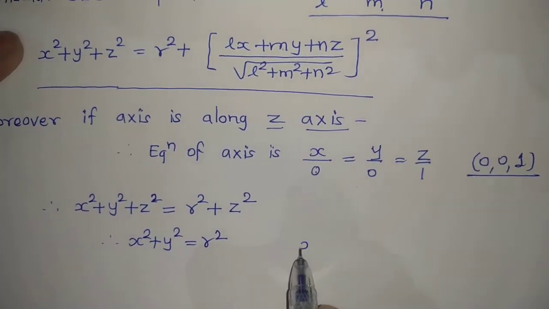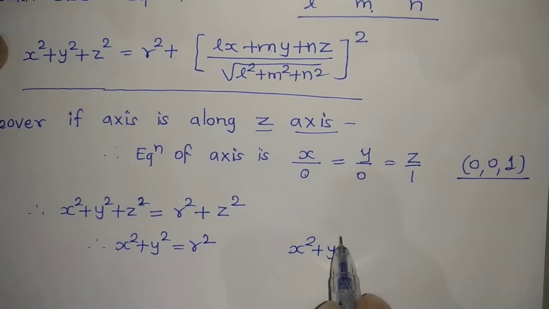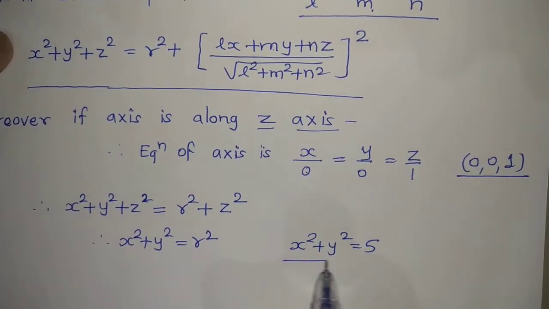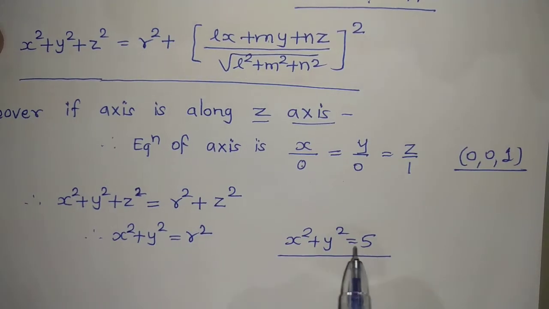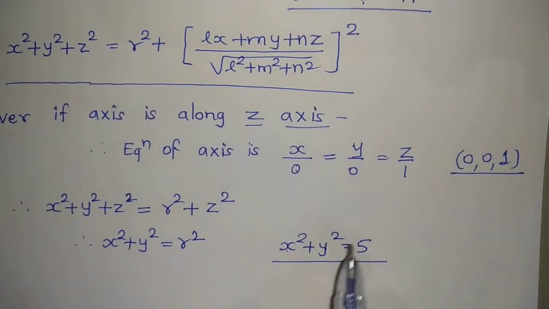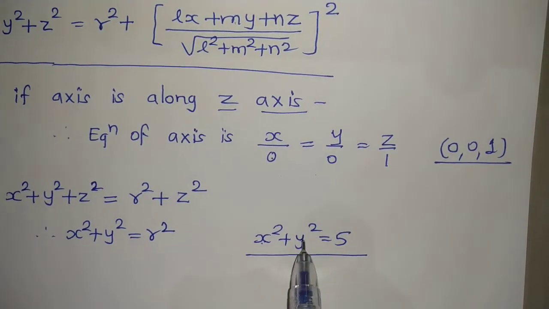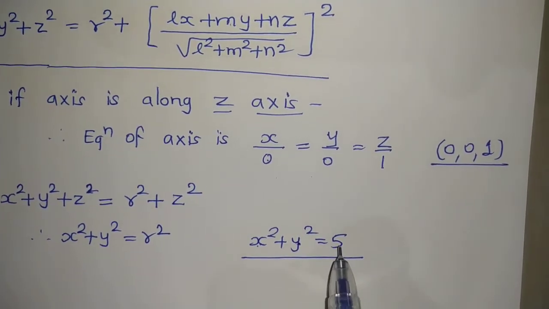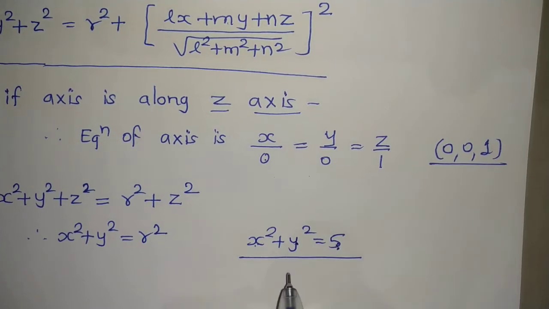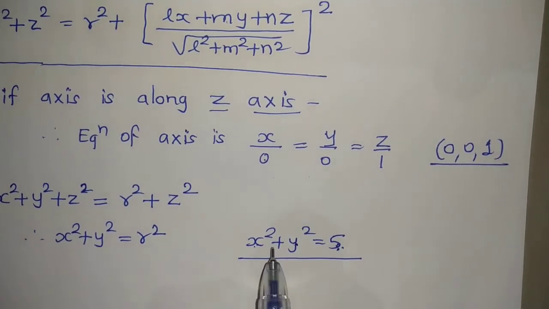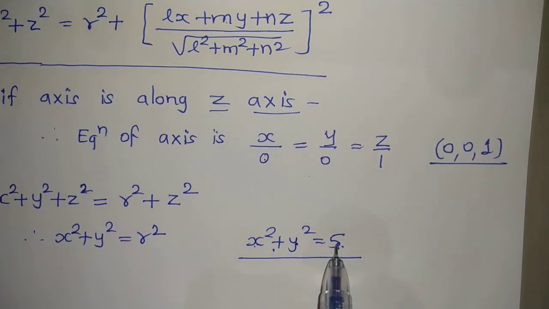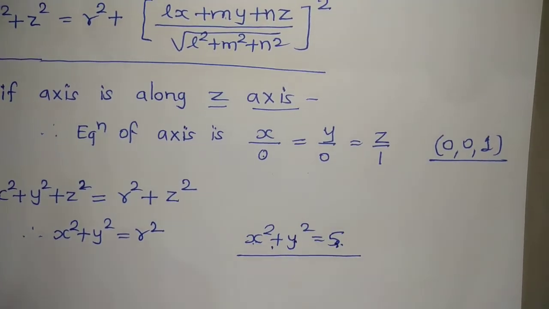If I say x square plus y square is equal to 5, this is the equation of a right circular cylinder whose axis is along the z axis and radius is root 5. In two dimensions it is a circle, but in three dimensions it is a right circular cylinder.